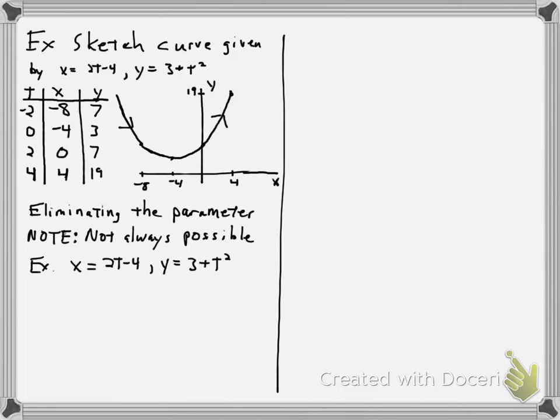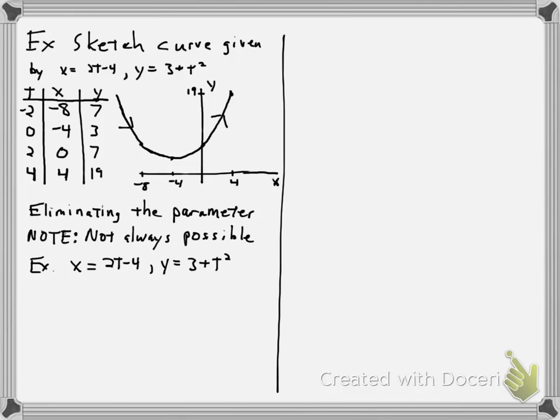If you look at the forms of these functions, it should be clear that we should be solving for t in terms of x. We have a t squared, which when we take a square root, we have to be careful about the plus or minus sign. We're going to solve for t using the x equation.